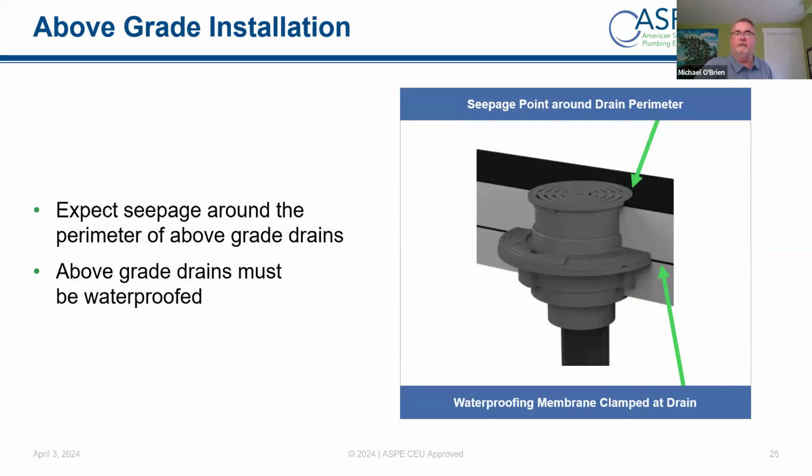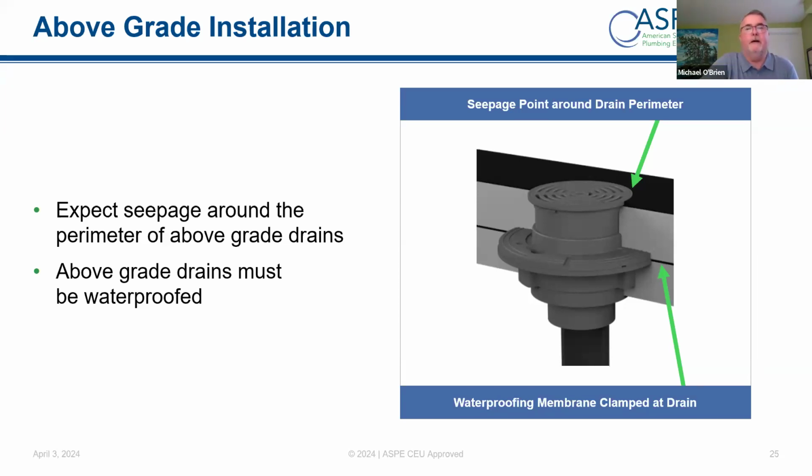So, above grade installations. You really need to expect that all above grade drains are going to leak at some point around the perimeter. So we need to have some provision to deal with that water that seeps down. And for point drains, that's usually achieved with a waterproofing membrane.